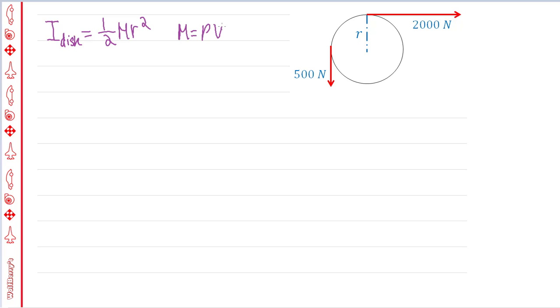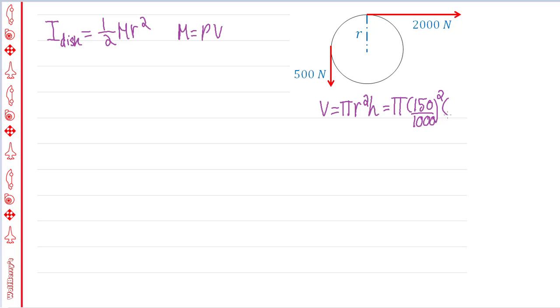Now the volume of this solid disk, I'll put it here, V equals pi r squared h. So it's pi. The radius is 150 millimeters, so 150 divided by 1000 to change it to meters, and square the whole thing like so. Multiply by the height.